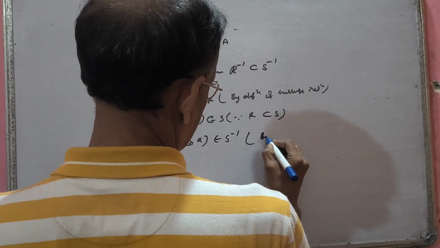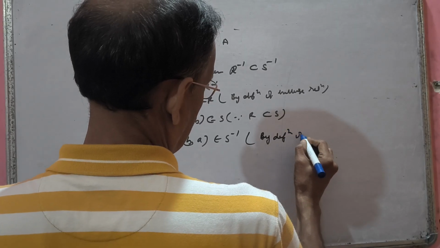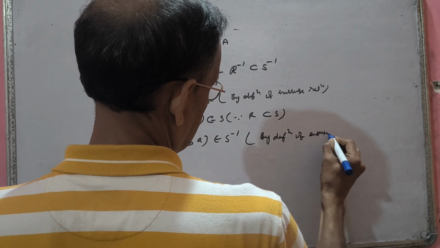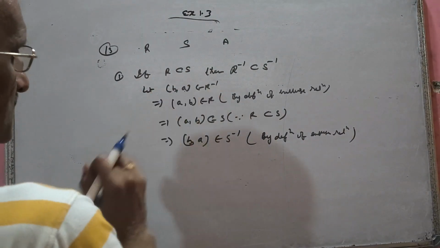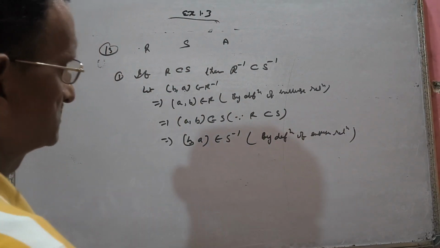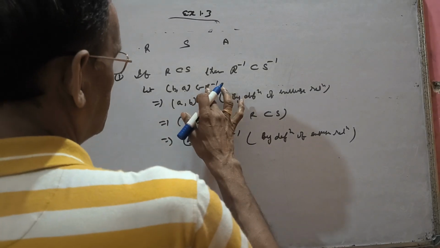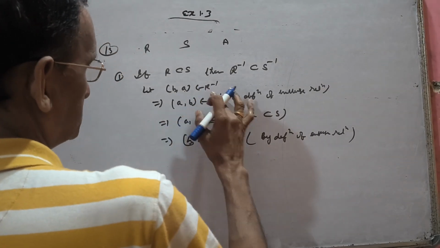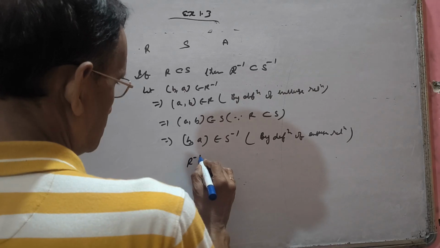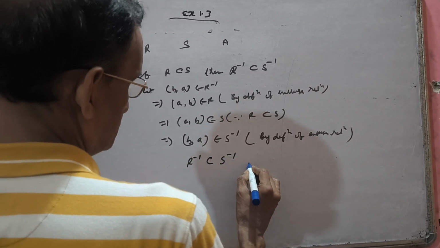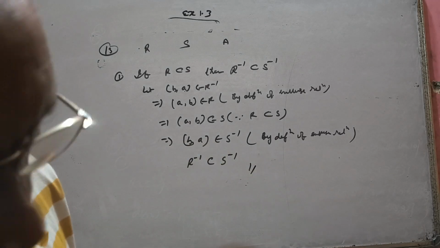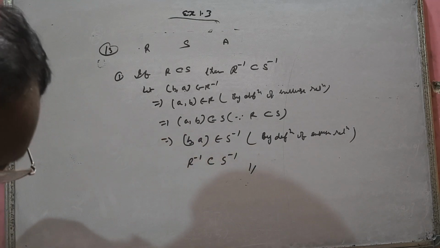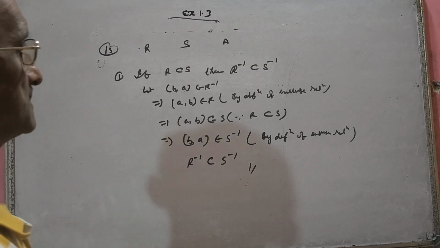This is my definition of inverse relation. Now see here, (B, A) belongs to R inverse implies (B, A) belongs to S inverse. What is the meaning? Anything belonging to this is also there in this, so this is a subset of this. Okay, you see. Then number 2 is also there.